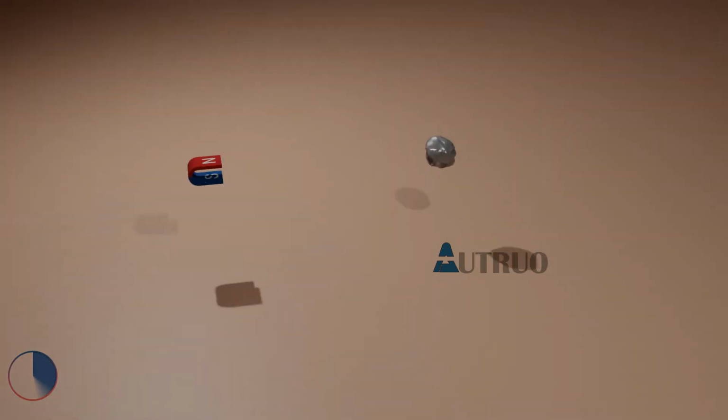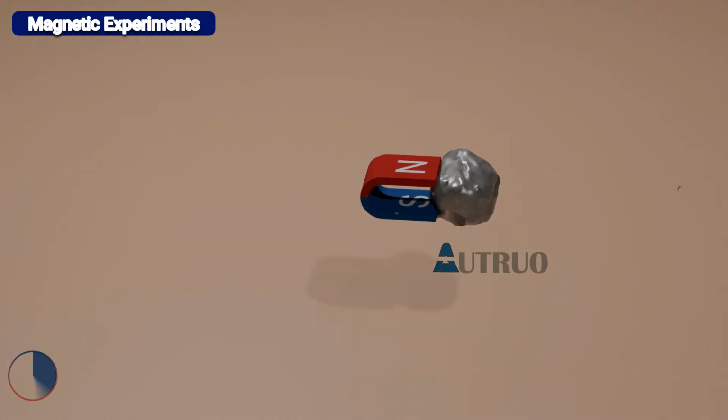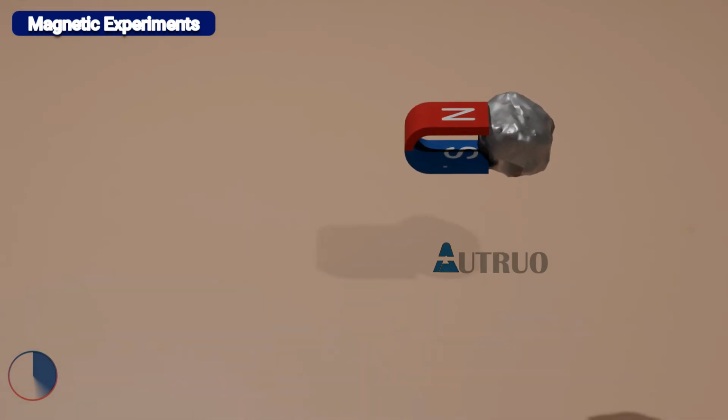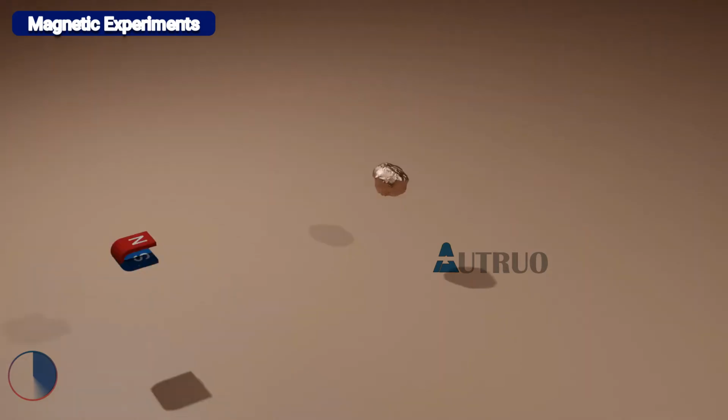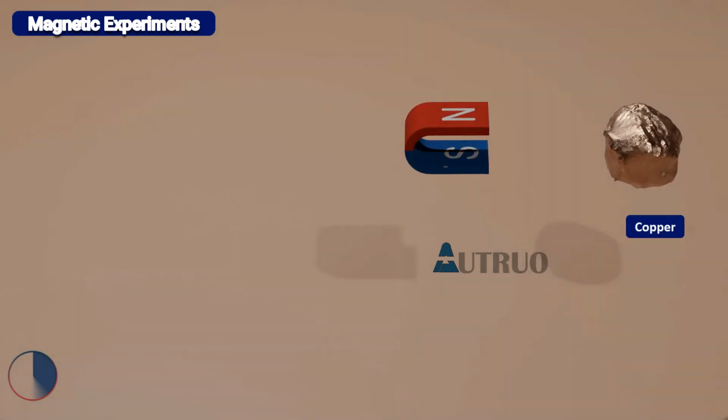When a magnetic material is brought very close to these metals, the magnet was able to attract these objects. The objects stick to the magnet. When the same step was repeated on another metal of a different group, the magnet was unable to attract this metal.